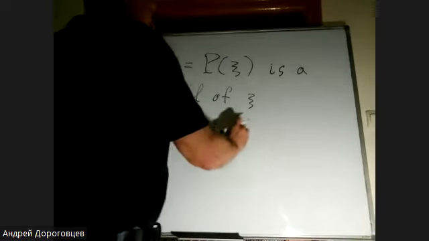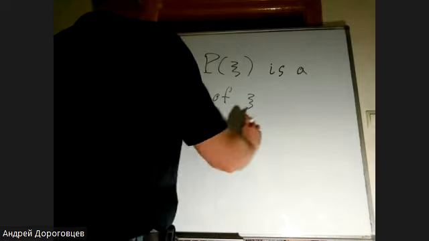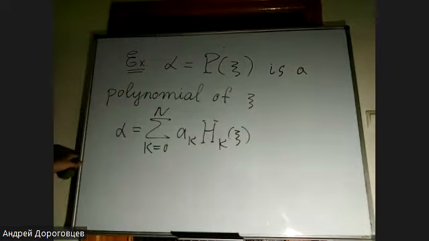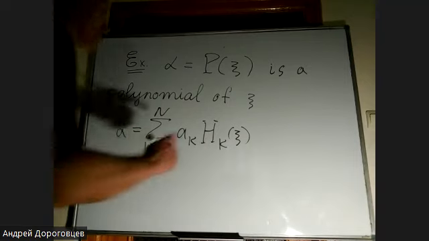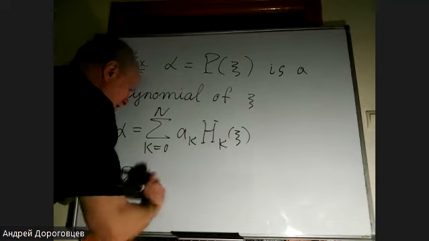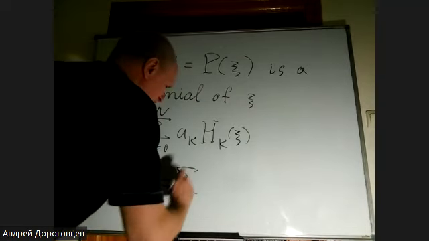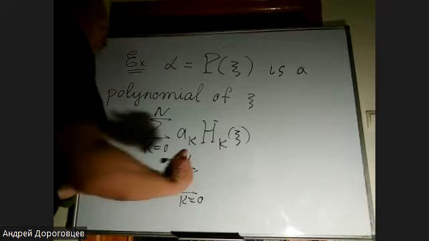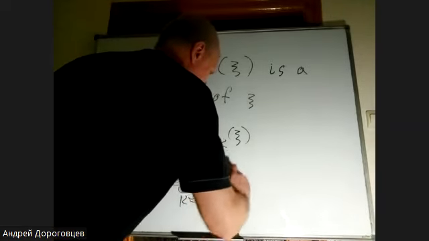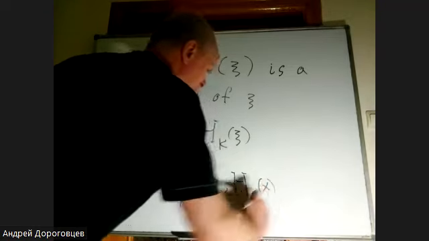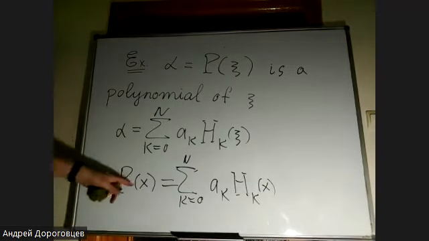And this representation is closely related to the representation p of x equal to the sum from k equals 0 to n of a_k h_k of x. And such a representation is unique.